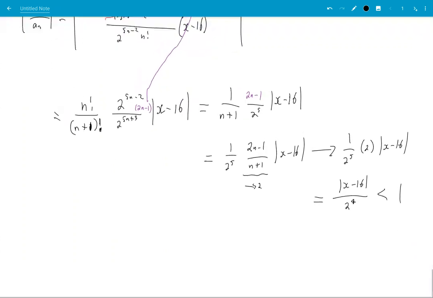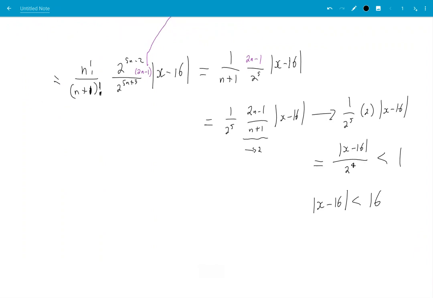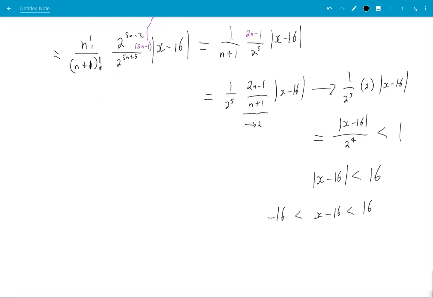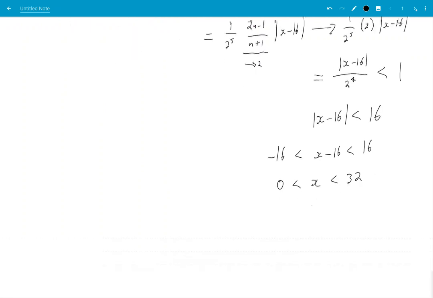So |x minus 16| is less than 16. So x minus 16 is between negative 16 and 16. If I add 16 to every part, I get 0 less than x less than 32. So the radius is half of that, 16.